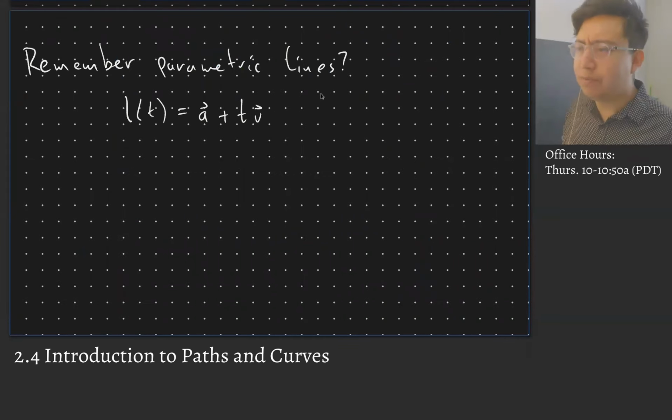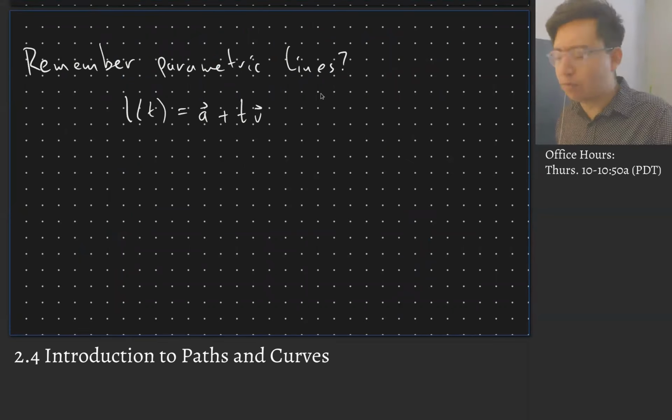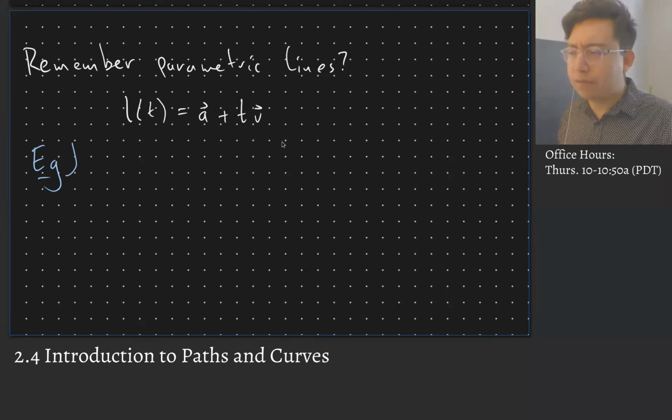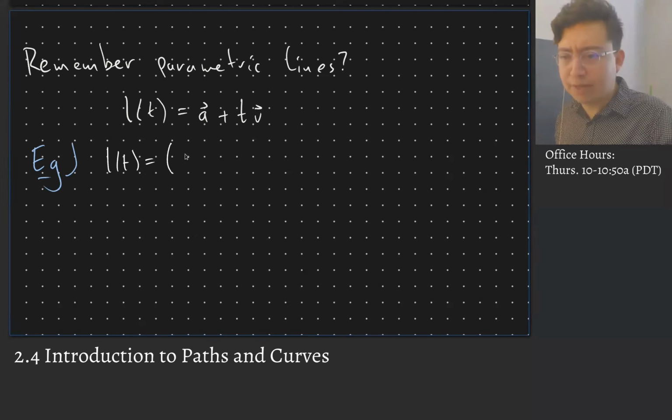Let's remember this concept of parametric lines. We talked about this in chapter 1, like week 1, when we were talking about equations for lines. For example, we had equations of the form L of t equals an ordered triple, something like 2 minus 3t, 4 plus t, and 1 plus 2t.